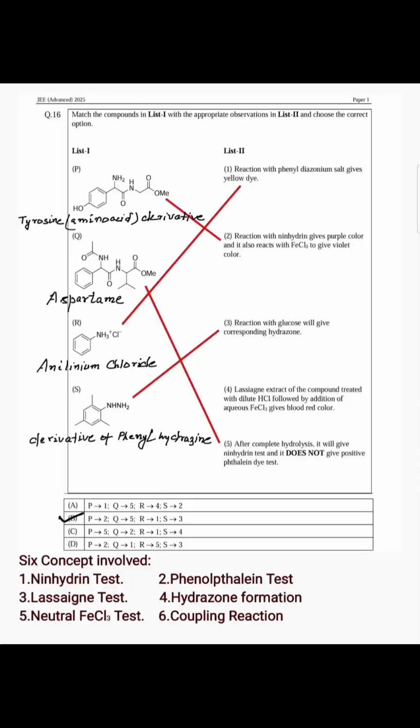Hello dear students, this question number 16 of JEE Advanced 2025 paper 1 has 6 concepts involved. Number 1 is the ninhydrin test, as you can see. Number 2, phenolphthalein test, lysine test, hydrazone formation, neutral FeCl3 test, and coupling reaction.